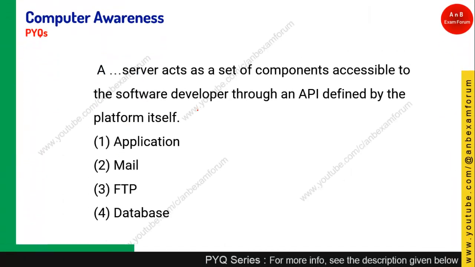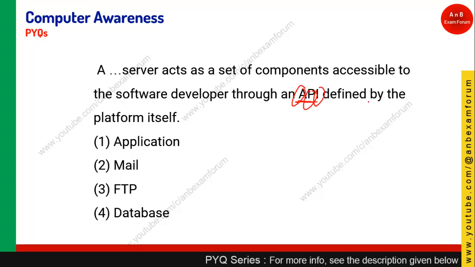A server acts as a set of components accessible to software developers through an API. What is API? It is the application programming interface defined by the platform itself. If you know the full form, you can easily answer: it is an application server. For example, you have the Amazon server.